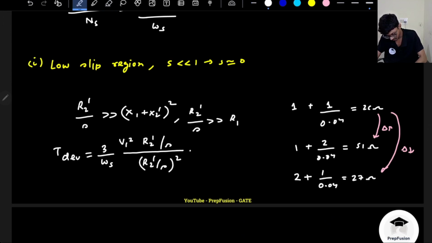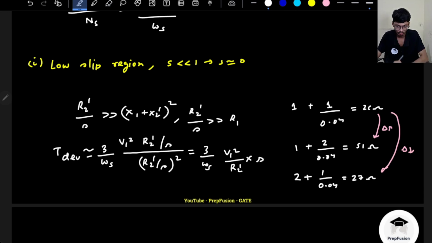This 3 by omega s is a constant, roughly. So it roughly comes out to V1 whole square divided by R2 dash into s. So I can say in the low slip region, my developed torque is proportional to the slip. If slip increases, developed torque also increases. It is almost like a linear relationship.